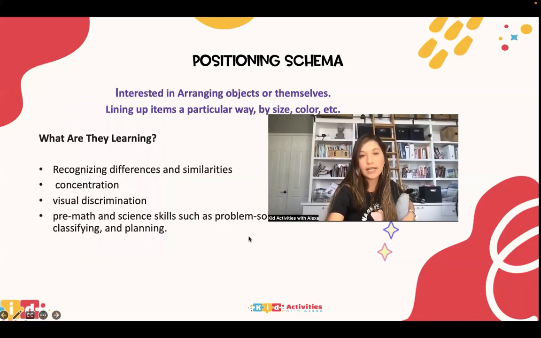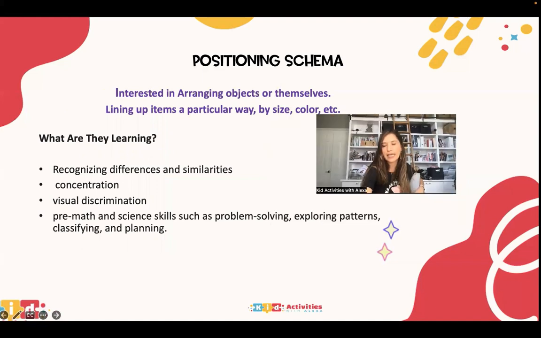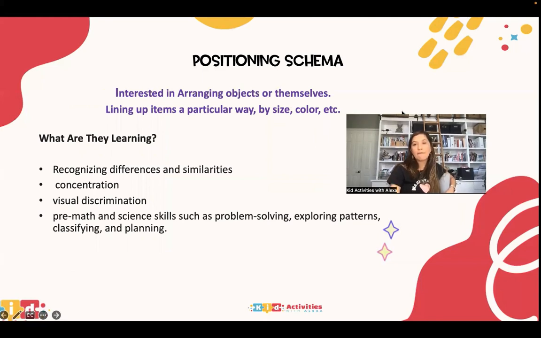So what are they learning? They're recognizing the differences and the similarities in things, right? The colors are different, or maybe the sizes are different, or maybe the weight is different. They're learning what we call visual discrimination. And visual discrimination is understanding those differences. Because what's going to happen when they start to write or read or identify letters?